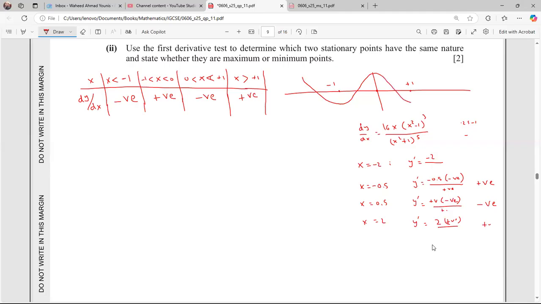And again from plus 1 onward it is positive. So minus 1 and plus 1 are the minimum points. Use the first derivative test to determine which two stationary points have the same nature and state whether they are minima. So minus 1 and plus 1 are minimum points, and 0 is a maximum point.